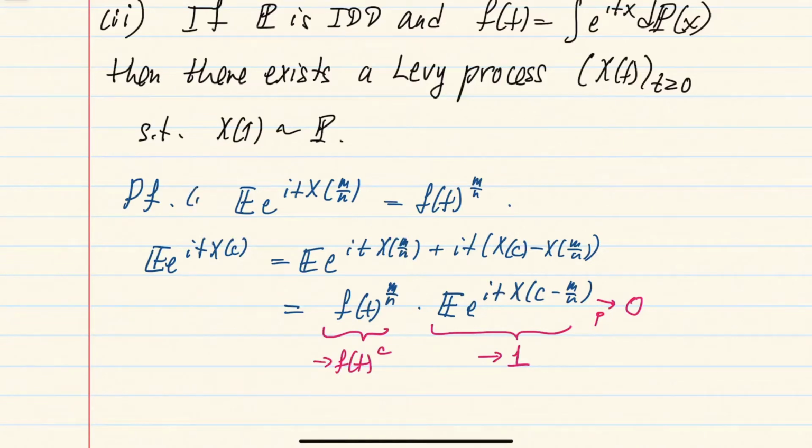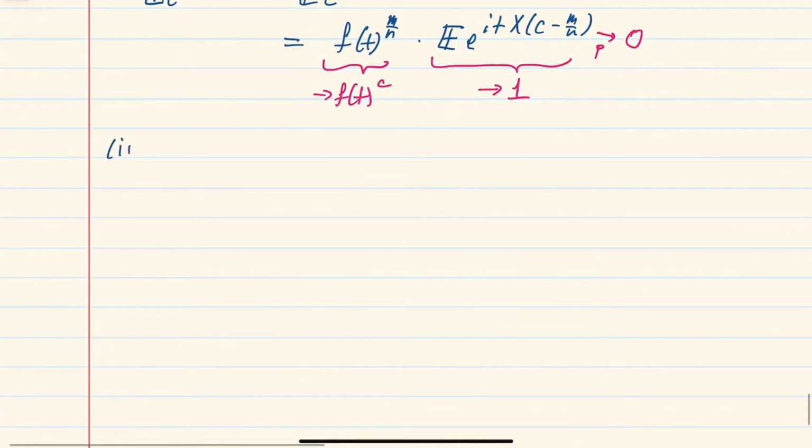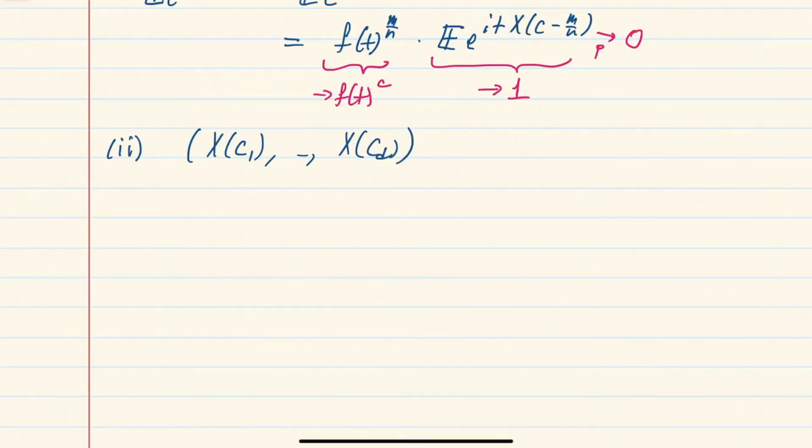Okay, so this was part 1. And so in part 2, let's start by defining a finite dimensional distribution of this process, so at arbitrary times c1, ..., cd. And let's define it by enforcing the properties that we want, namely independence and stationarity of the increments, right into the definition of these finite dimensional distributions.